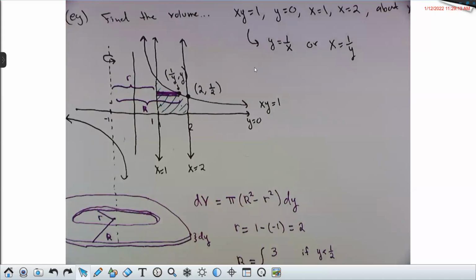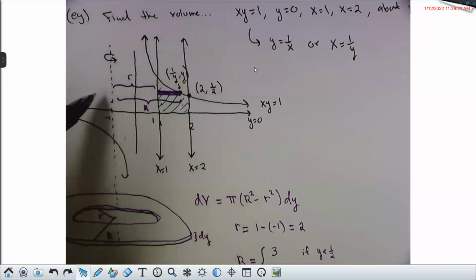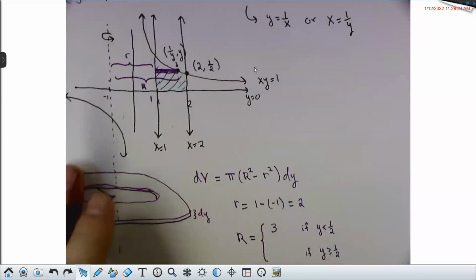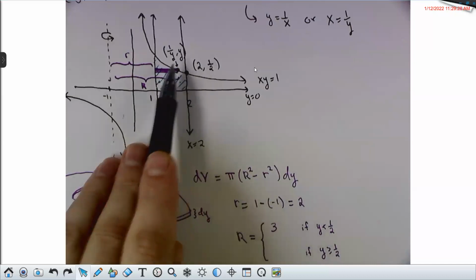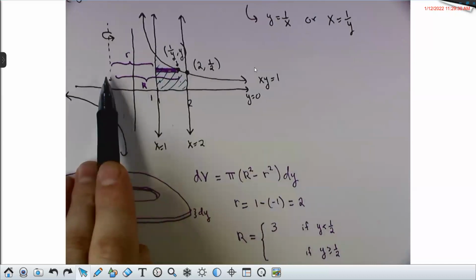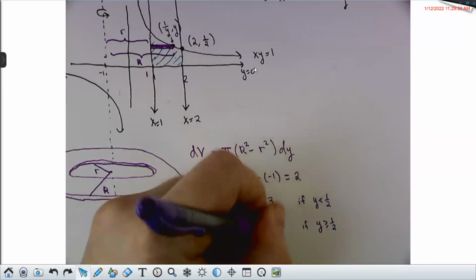In particular, what I'm saying is that if y is bigger than 1/2, then the outer radius, the distance from the far end of the strip to the axis of rotation, is the x value here, which is 1 over y, minus the x value here, which is -1. That's 1 over y minus -1, or 1 over y plus 1.